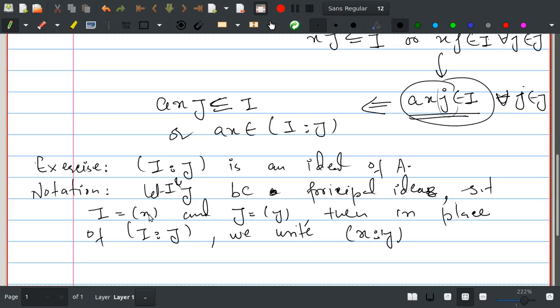We don't write these braces here; in place of this, we simply write x colon y.